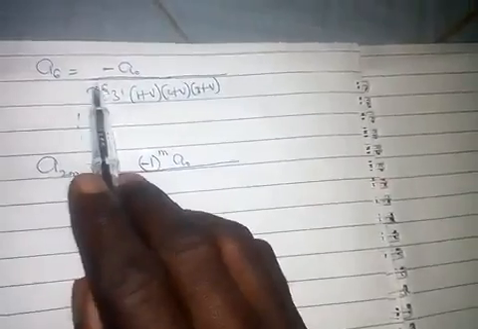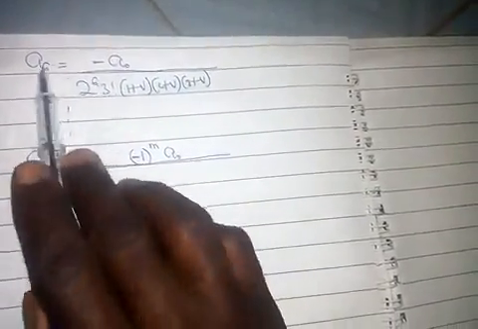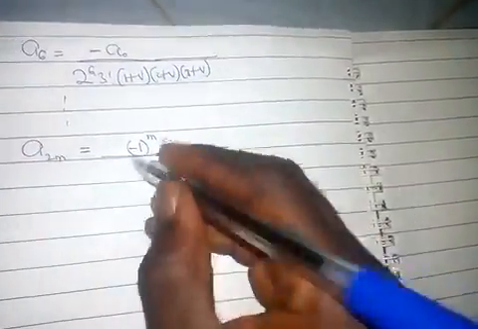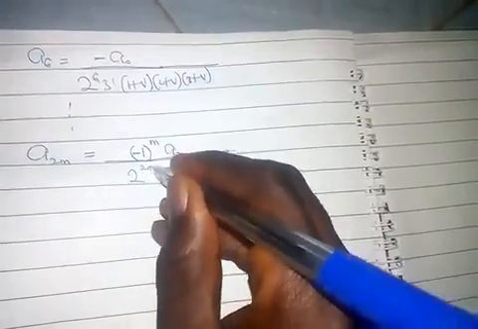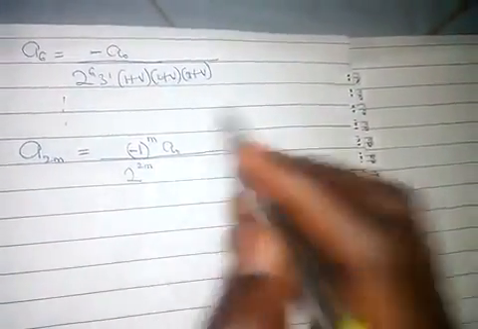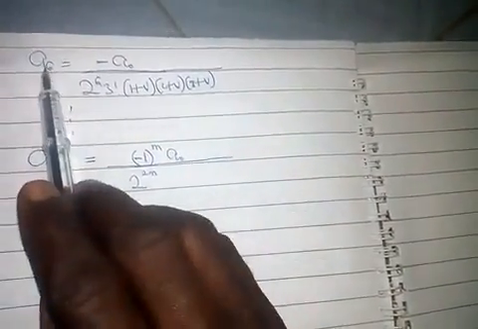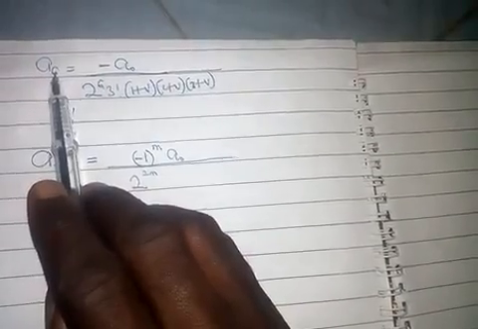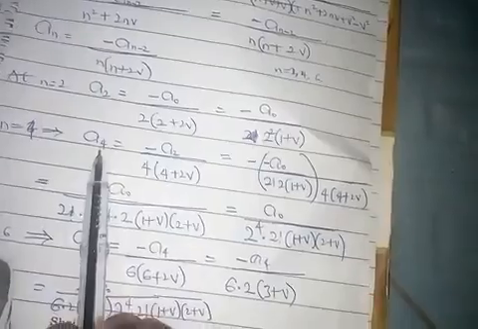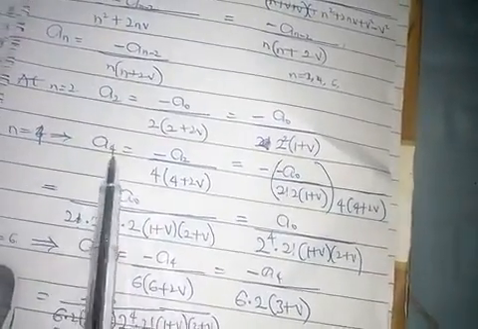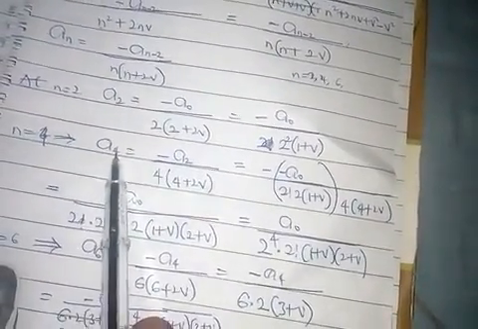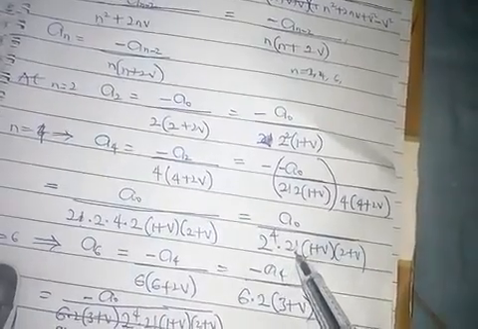So take note, here and here will always be the same, so we still write it 2n. Then take note, if you divide this one by 2, you have this. Check it. If you divide this by 2, you have this.